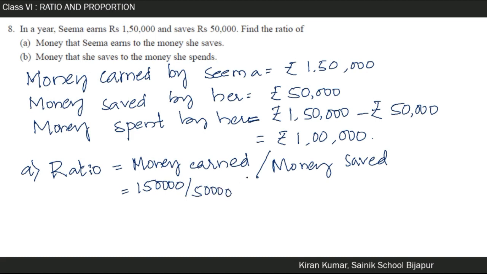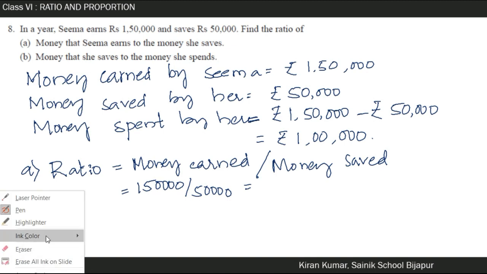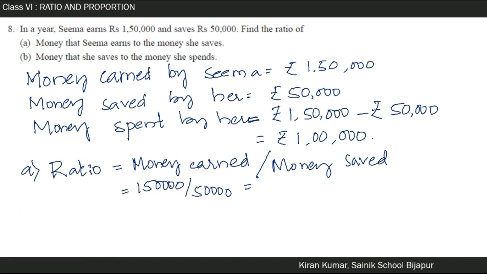So the ratio will be, number of zeros will get cancelled. Here 4 of the zeros will get cancelled. 15 upon 5. Further we can simplify, we get it as 3 is to 1.